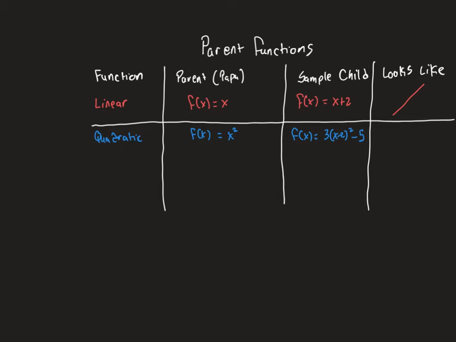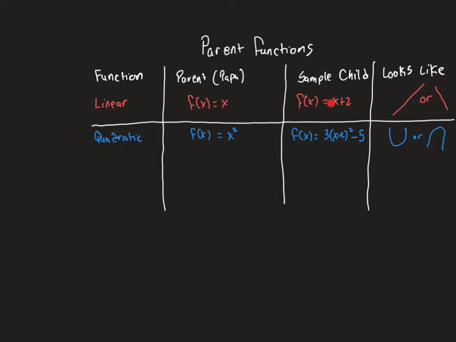And what does it look like? Well, it can either look like this, like a U, or an N. Just like with my line, I can either look like that or like this. All right, and that all comes down to whatever my a value is, so the number beside the x.